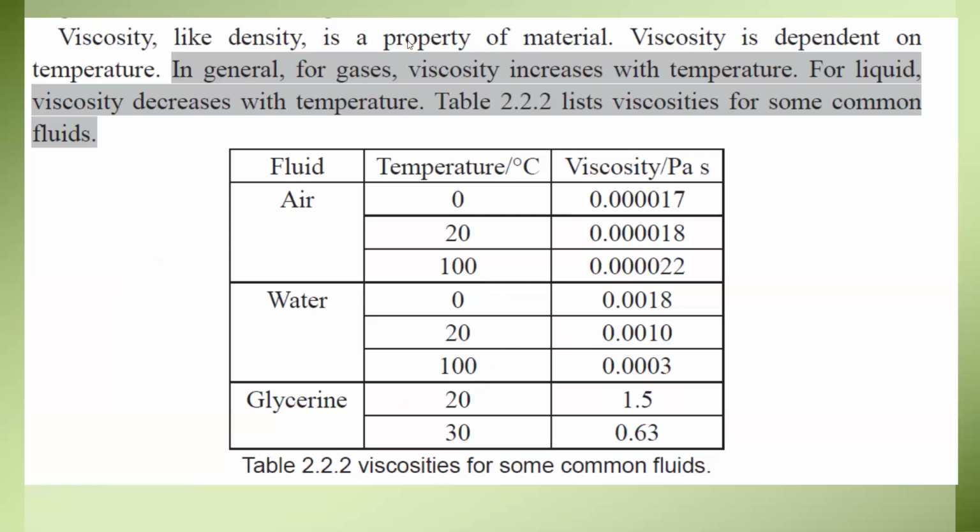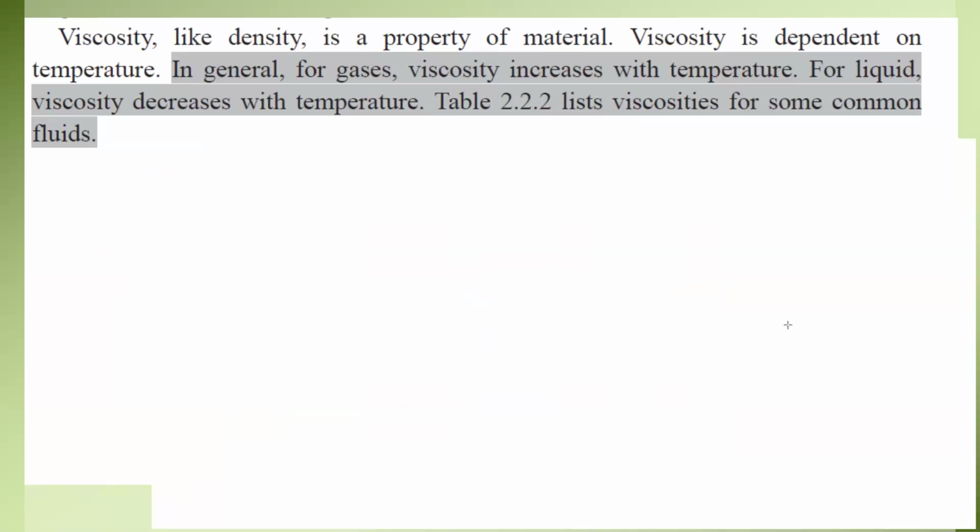So when we talk about the relation between temperature and viscosity for a liquid, when we increase the temperature, the viscosity, or tendency to resist the flow, will decrease. It will flow faster. What is the reason?